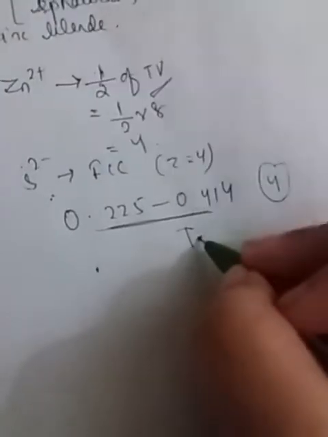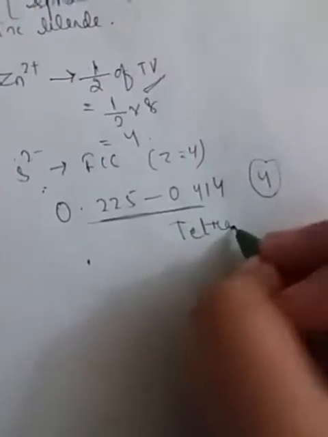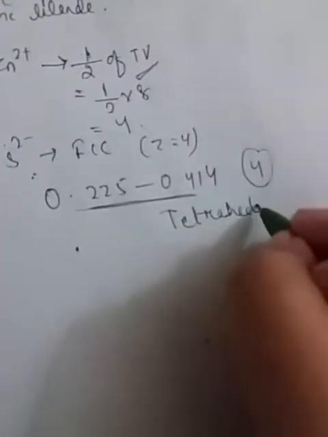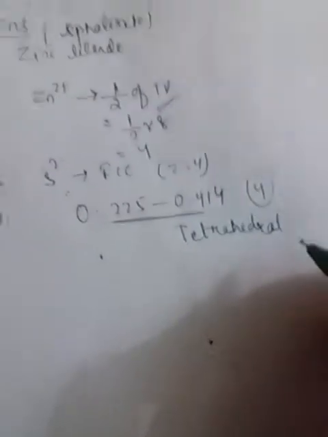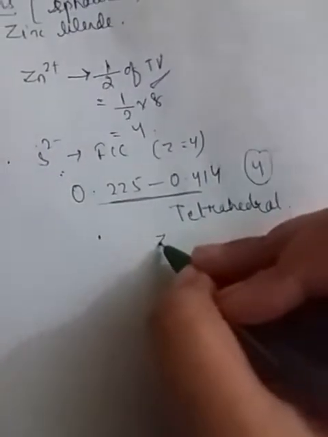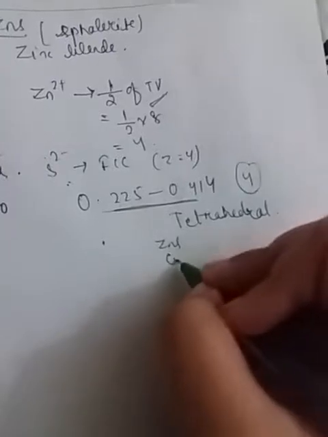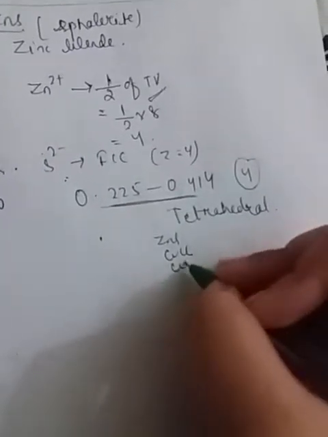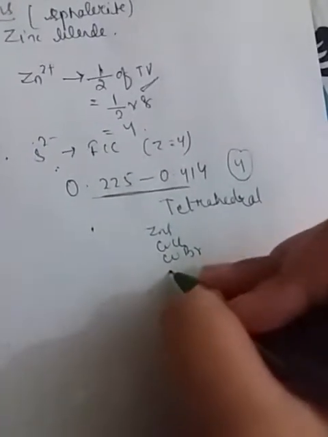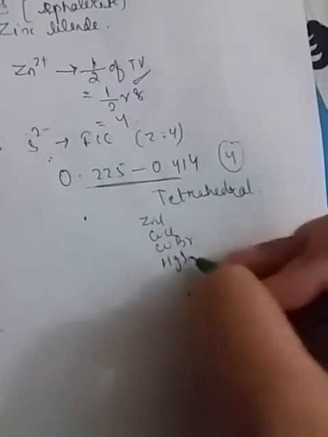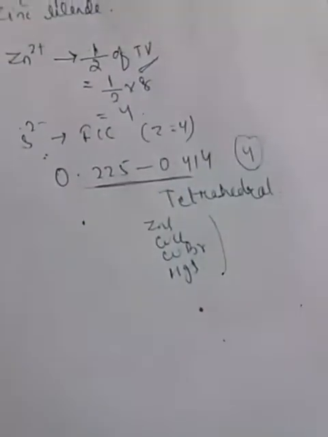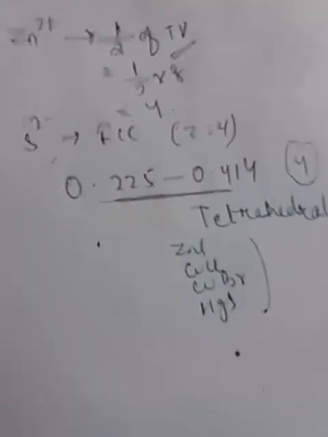Structural arrangement is tetrahedral, and type is ZnS type. Examples are CuCl, CuBr, then HgS, and so on. So these are all the examples.